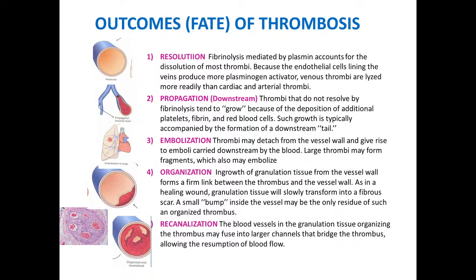Second, propagation. Thrombi that do not resolve by fibrinolysis tend to grow because of the deposition of additional platelets, fibrin, and red blood cells. Such growth is typically accompanied by the formation of a downstream tail.